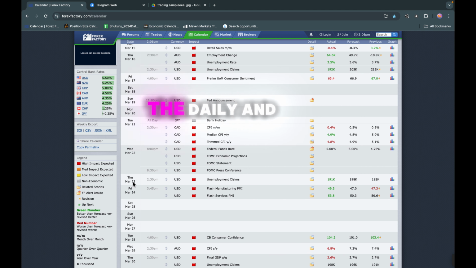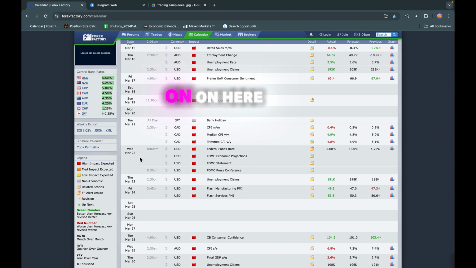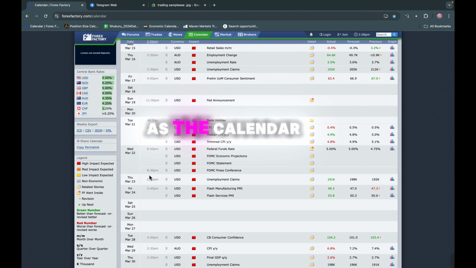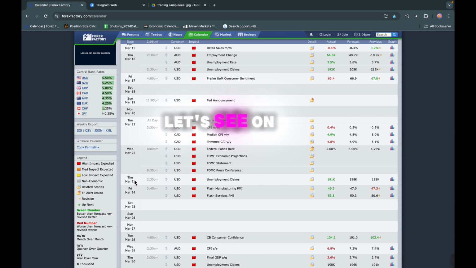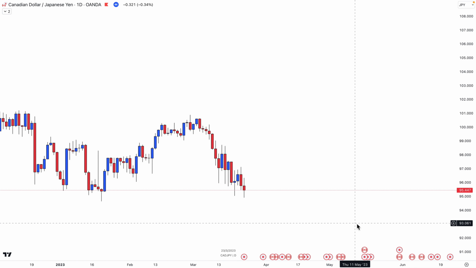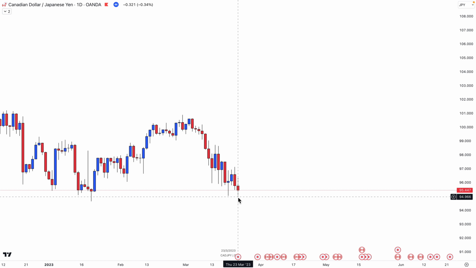Let's go to the daily and see how the day closed on Wednesday, March 22nd. Going to the daily, you can see that Wednesday, 22nd March closed bearish. So that gives us confirmation that we should stay out on Thursday, 23rd March.